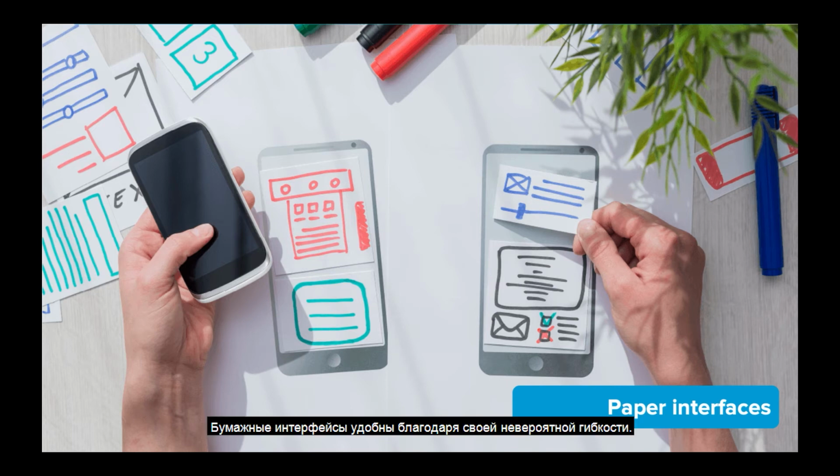Paper interfaces are handy in the beginning as they are incredibly malleable. With paper interfaces, you can replace different sheets of paper, sketch over previous ideas, or cut out elements and move them around the prototype.